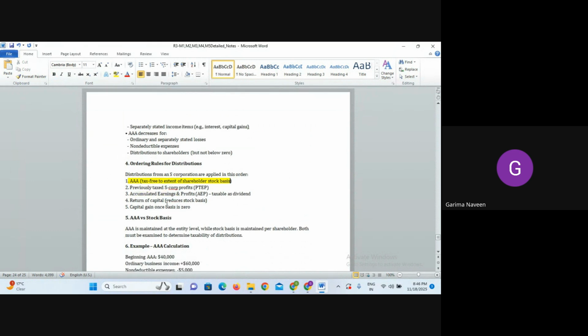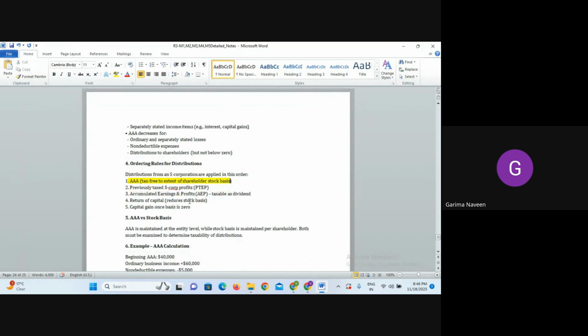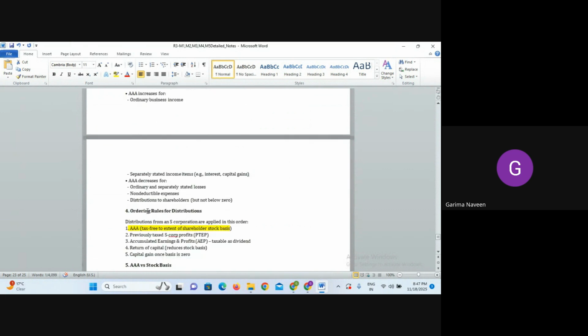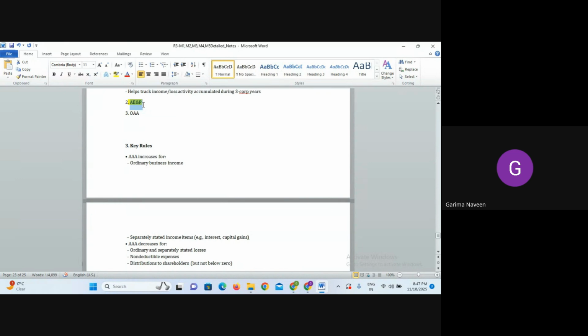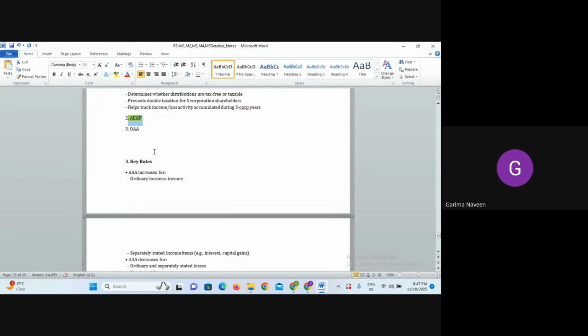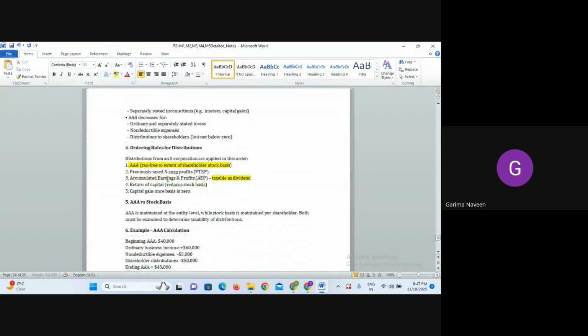Next, if you have excess distributions, more than AAA, then that distribution will go from your AEP account. Since this is the undistributed amount of the C corporation, it will be taxed to the shareholder and considered as dividend income.